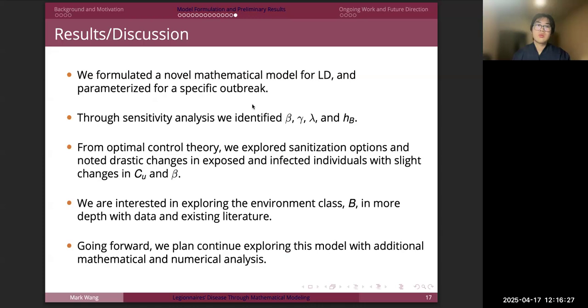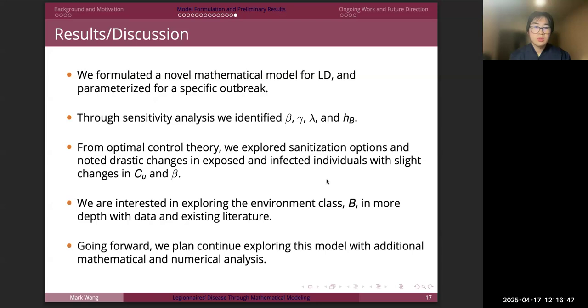And so generally, just to summarize what we've done, we made this novel mathematical model. Again, this is the first real mathematical model for Legionnaires, and we fitted it to this specific outbreak where we identified our statistically significant parameters: beta, lambda, gamma, and h sub b.